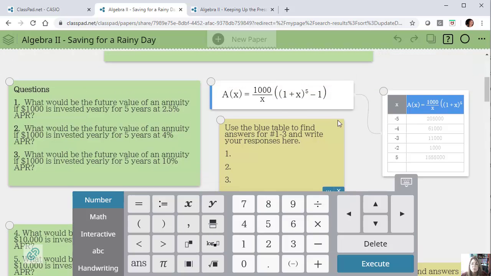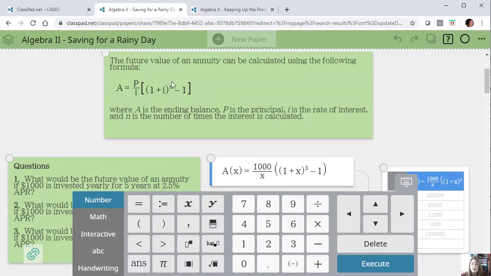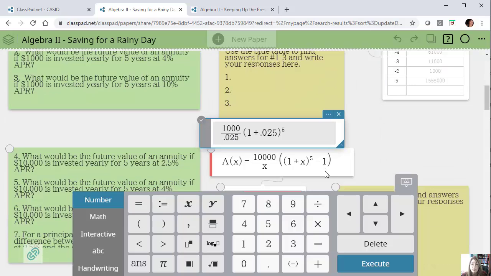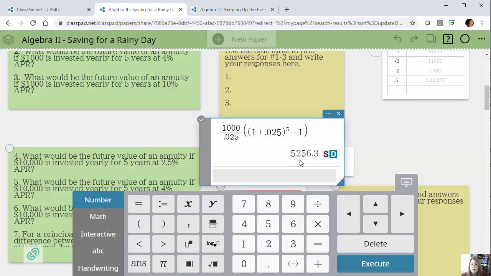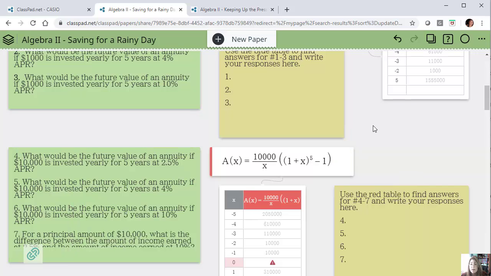So I'm just plugging the things I've been given into the formula and then evaluating it. So this is one way to do it. Now we do need another set of parentheses there. So then when I hit execute, I'm going to get a solution. So the question is how much money? So that's after 5 years. So that's one way they could do the problem.